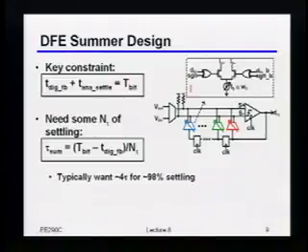So if I look at the tau on that node, it has to be t-bit minus that digital feedback delay divided by some number which I'm just going to call n tau. Okay? And just as a reminder, if you wanted 98% settling, that n tau would have to be about 4. If you wanted 90% settling, it would be like 2.3, right? Anywhere inside of that range, and you can play around a little bit with that exact settling value. But a typical number is indeed about 4 or so.